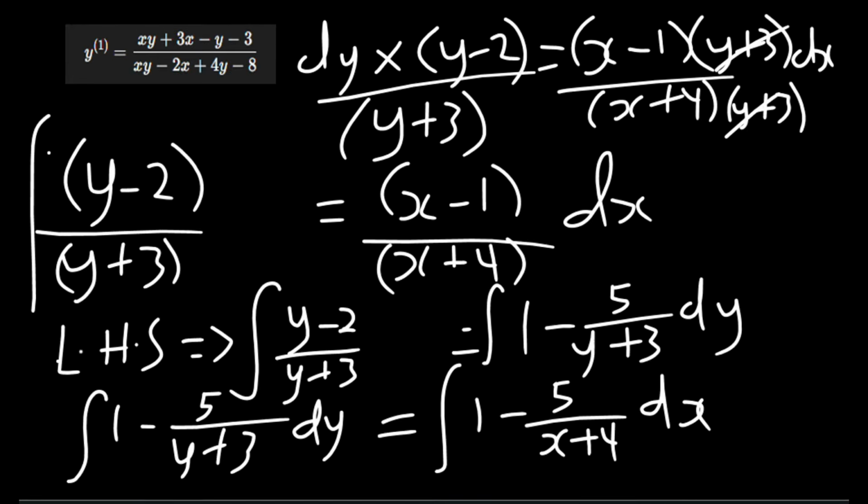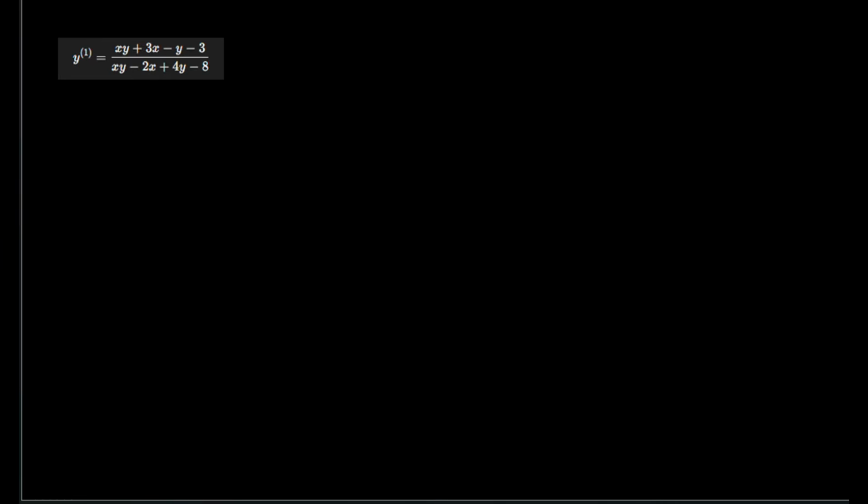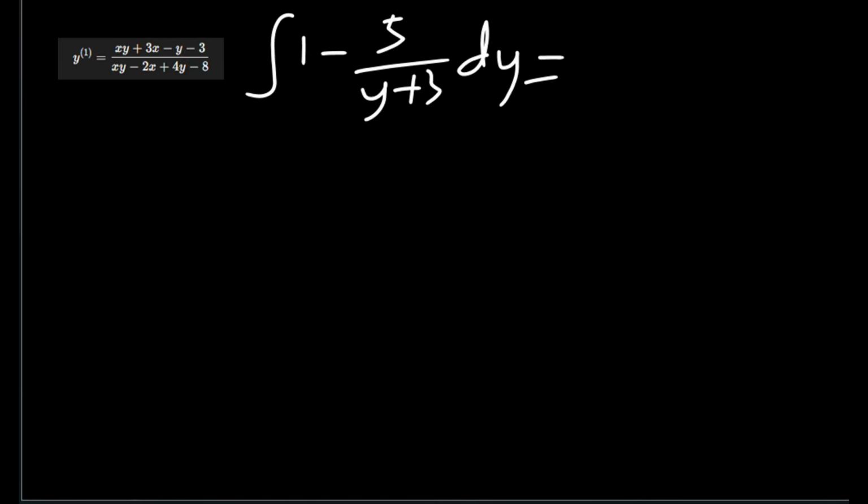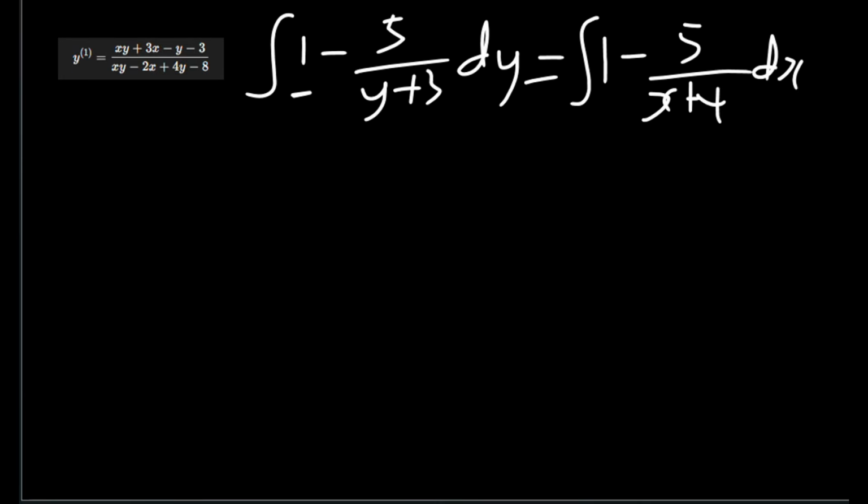We have the integral of 1 minus 5 over y plus 3 dy is equal to the integral of 1 minus 5 over x plus 4 dx. Good. So when we integrate 1, we get y.